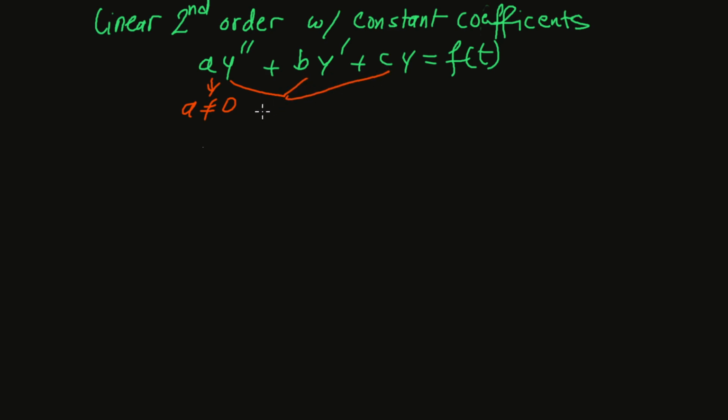A, B, and C are real numbers. These constant coefficients are real numbers. And in this case, or here, we're considering these external forces to be 0, or they are neglected.